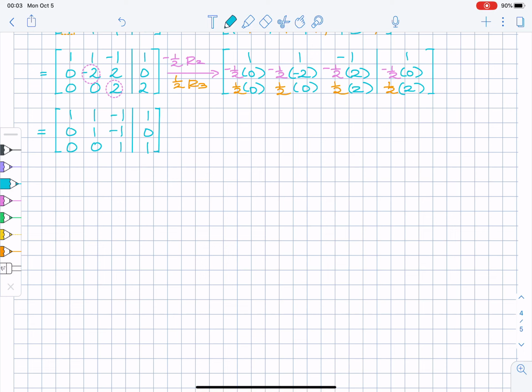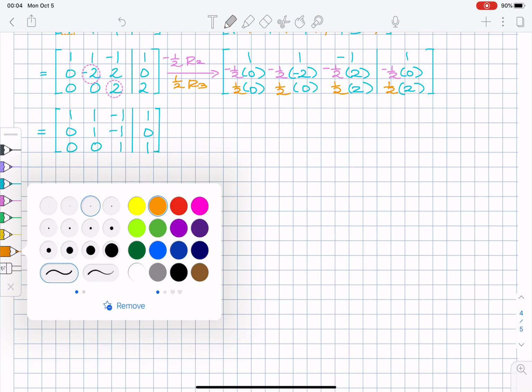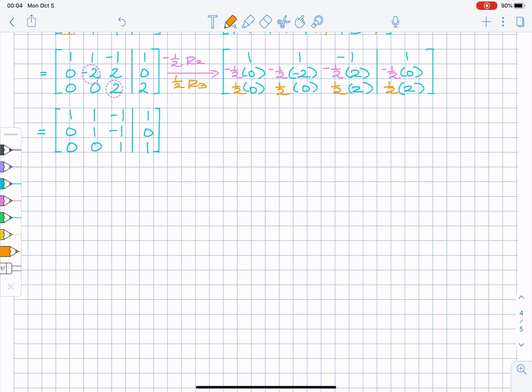Okay, so my next step is to get a 0 here, so to that end, let's do row 1 minus row 2. So let me write it this way. Row 1 minus row 2.